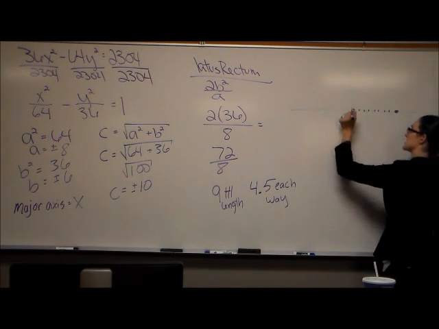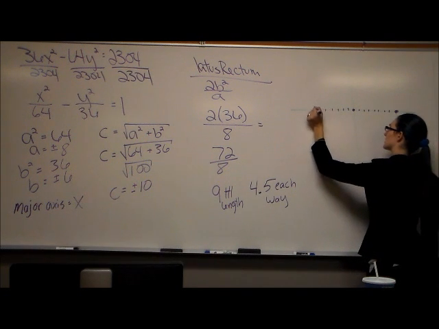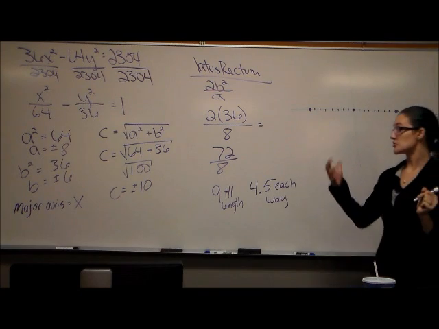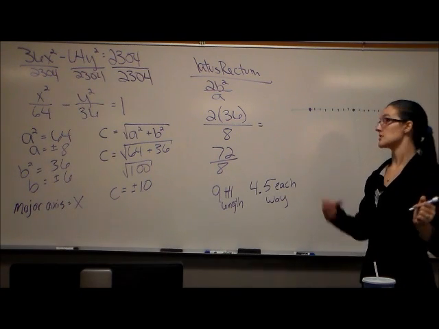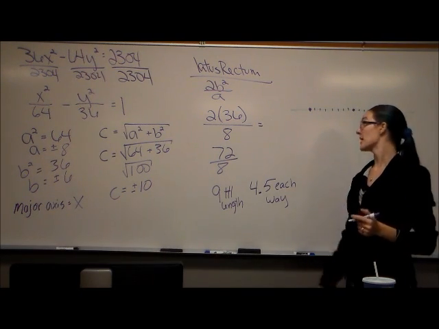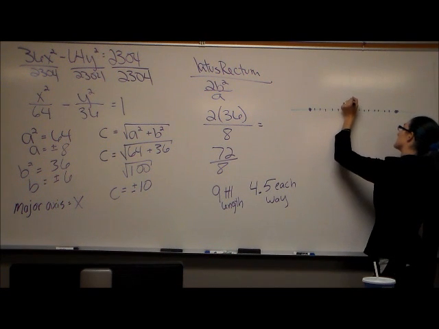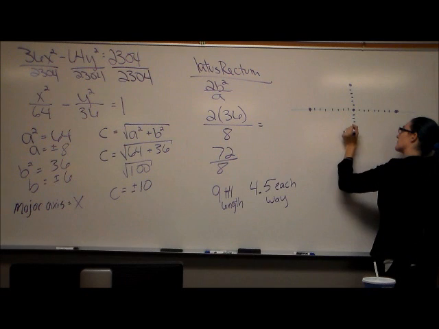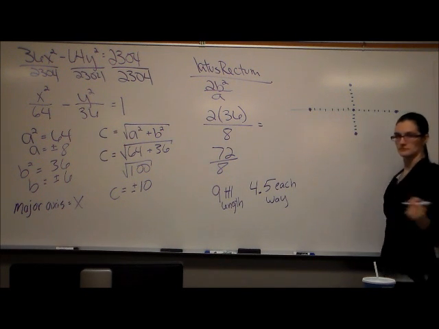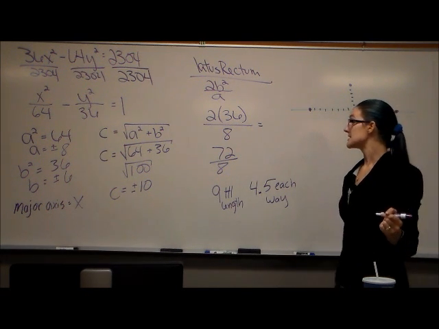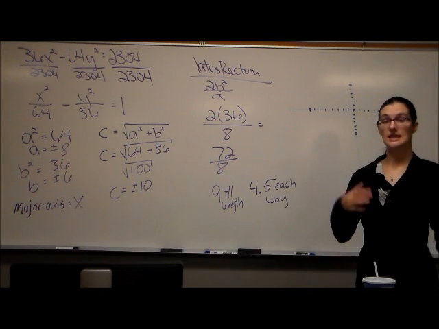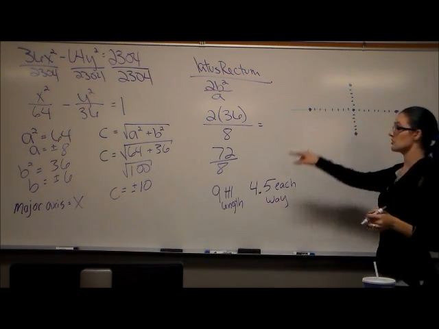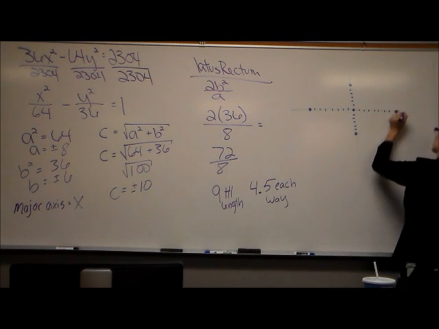So 8 positive, 8 negative. b is your minor axis, so that's going to be plus or minus 6 along the minor axis. Okay. c is your focus. c is again on the major axis. So from the center, it's going to go plus or minus 10.